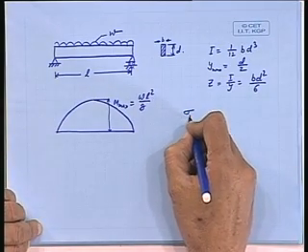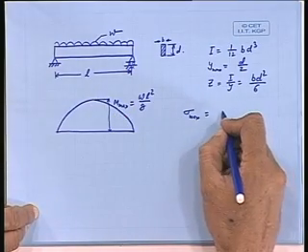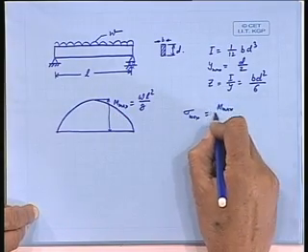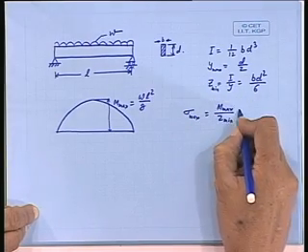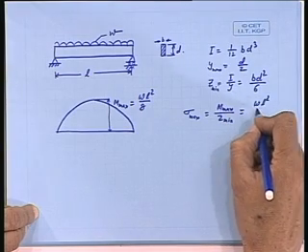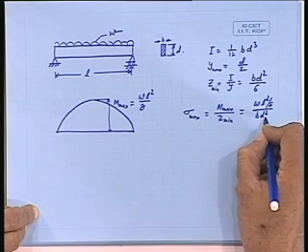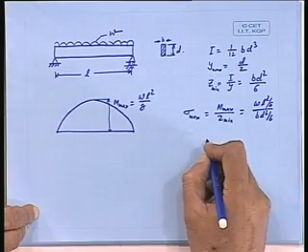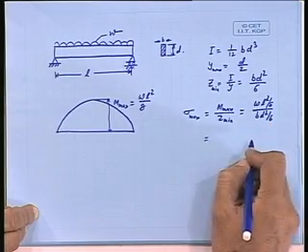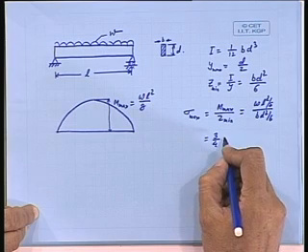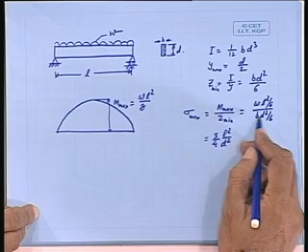So we can write that sigma max, which will be at this particular section here, will be M max by Z minimum, which is equal to WL square by 8 divided by BD square by 6, or 3 by 4 L square by D square BD square.